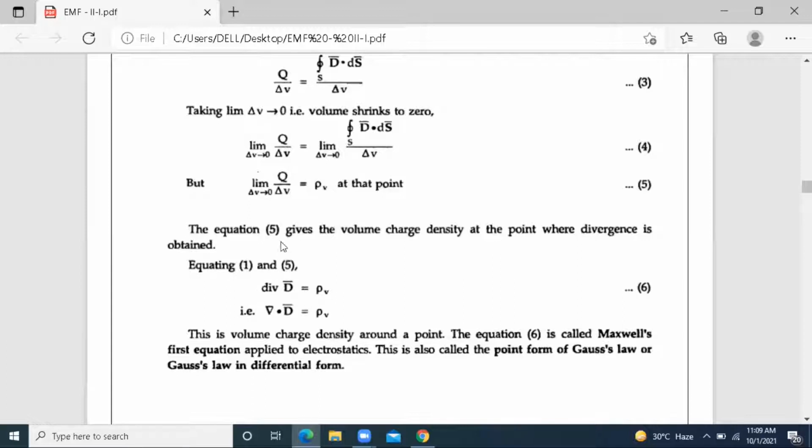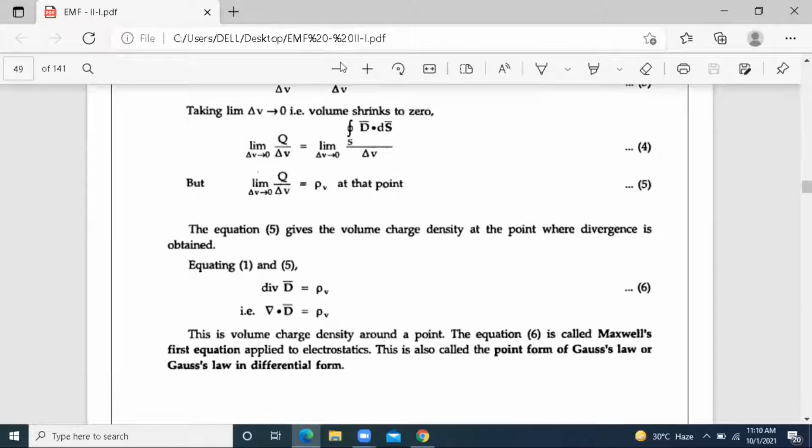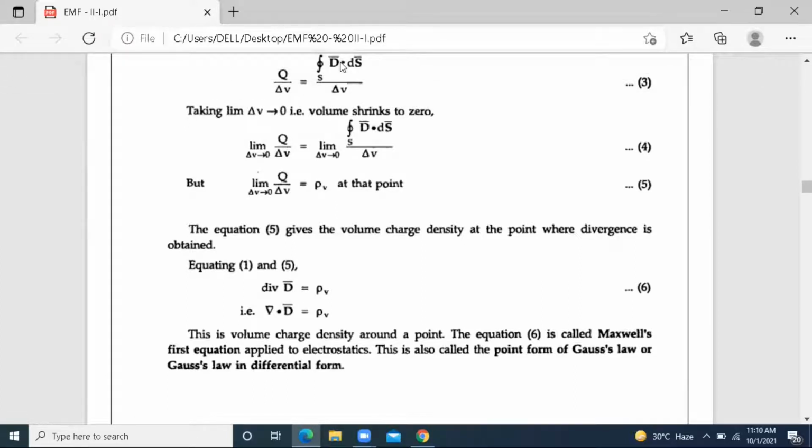So what all this is saying is del dot D, which is the divergence of D, equals rho v. So what is Maxwell's first equation?